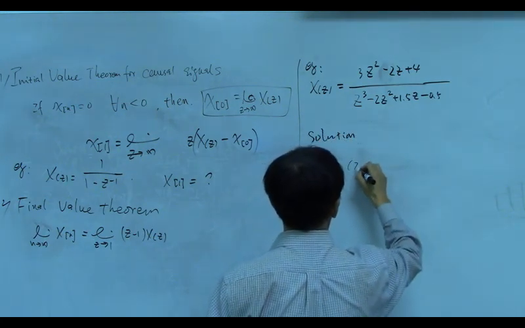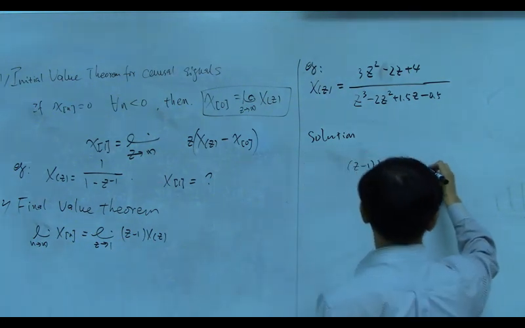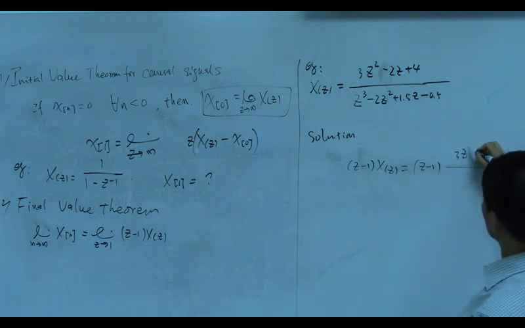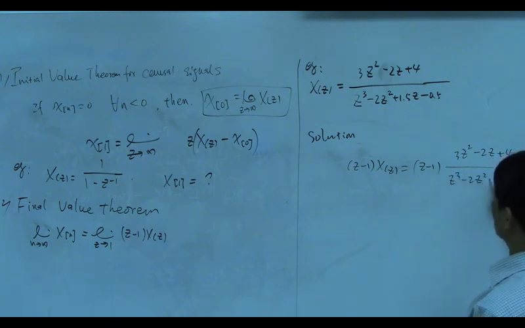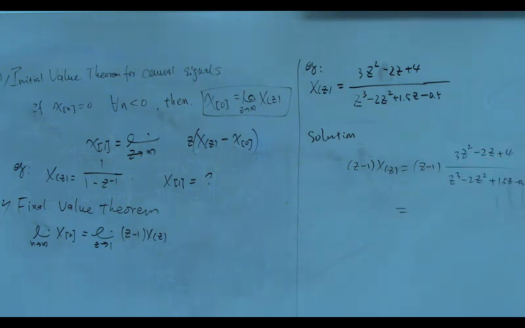We have z minus 1 times X(z) equals z minus 1 times 3z squared minus 2z plus 4, over z cubed minus 2z squared plus 1.5z minus 0.5. We need to do cancellation, which means we need to factorize the bottom.